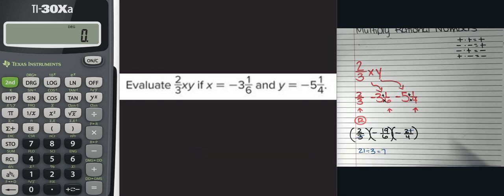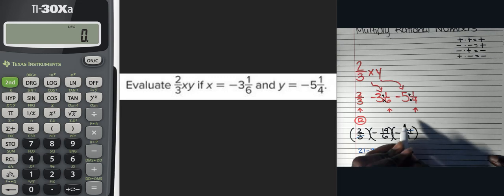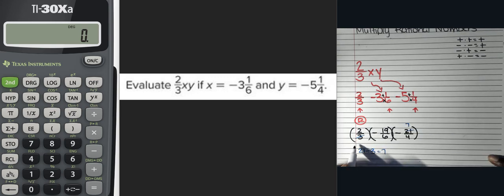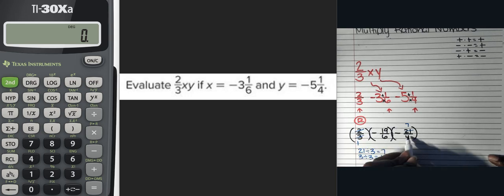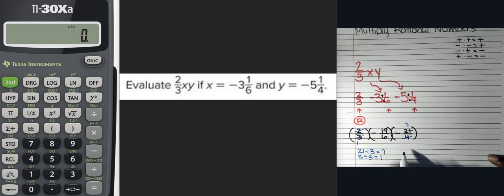So 21 divided by 3 gives me 7. 3 divided by 3 gives me 1. So that becomes a 1. So we got rid of that. I also noticed that we have a 2 and a 4. So I'm going to divide both of those by 2. So 2 divided by 2 gives me 1. 4 divided by 2 gives me 2. And is there anything else? I think that's it. I don't think that there's anything else that we can reduce.